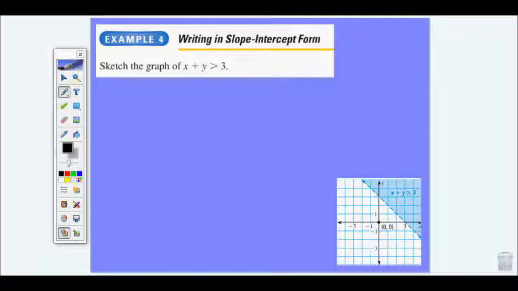Now, we need to sketch the graph of x plus y is greater than 3. The first step we need to do for that is to write that into slope-intercept form. And this is things we've already done here, I'm going to move my x. So that means I have y is greater than, I'm going to write my x term first to put in slope-intercept form.